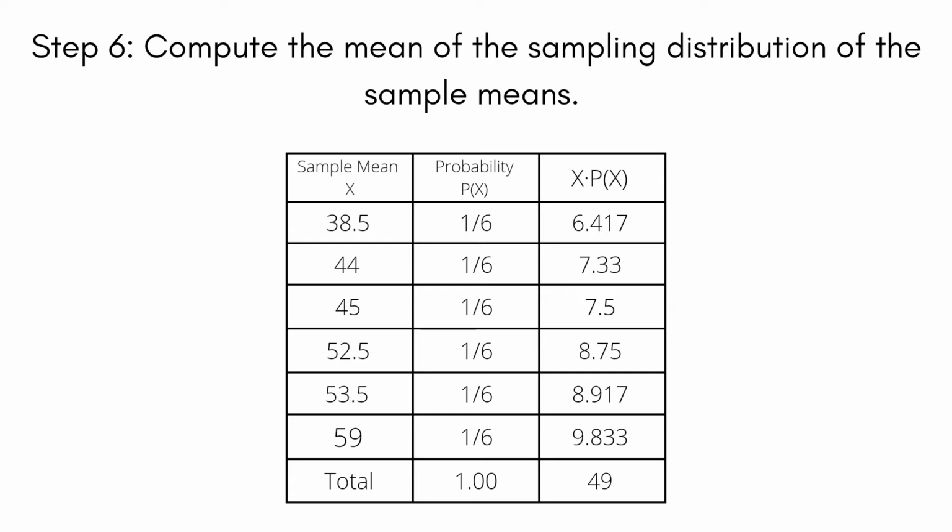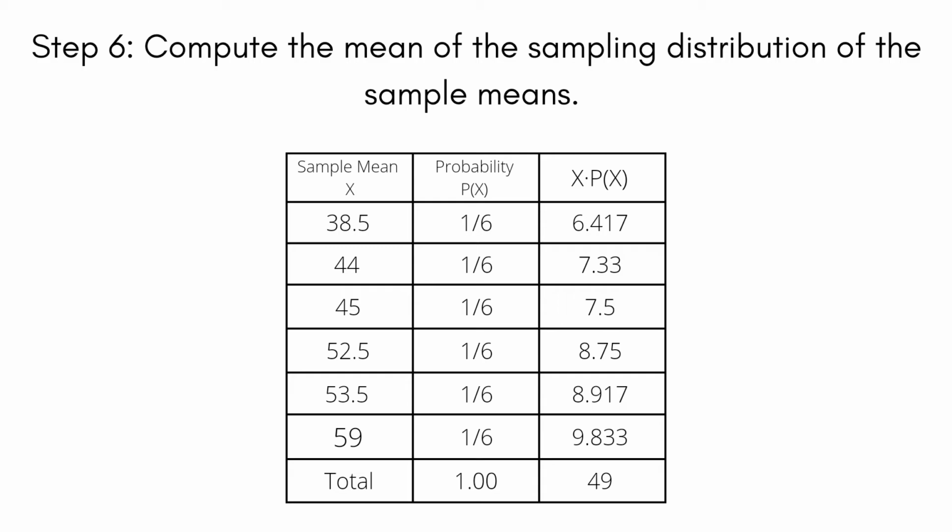Multiplying the sample mean 52.5 by the probability of 1/6 is equal to 8.75. Multiplying the sample mean 53.5 by the probability of 1/6 is equal to 8.917. Multiplying the sample mean 59 by the probability of 1/6 is equal to 9.833.